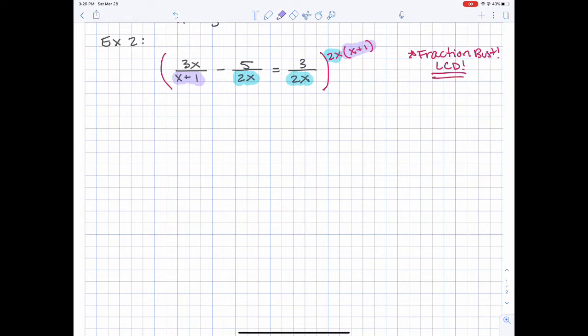So every single term here I'm multiplying by 2x times x plus 1. I'm going to distribute this to our first term, and the x plus 1 is going to cancel out, however the 2x stays. So I end up with 6x squared because 3x times 2x is 6x squared.